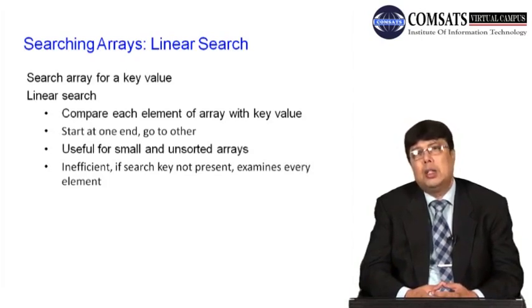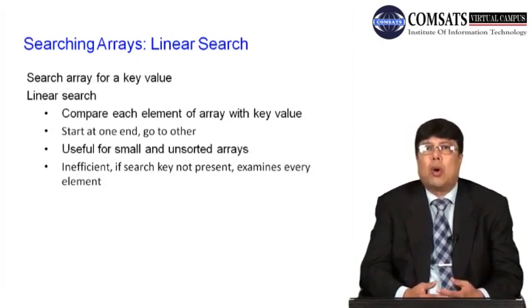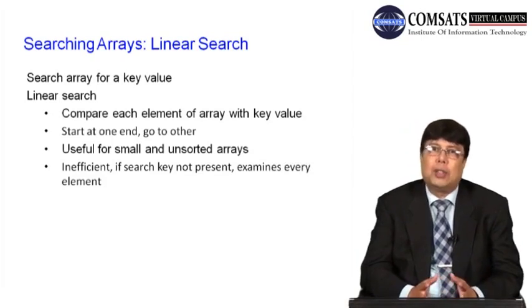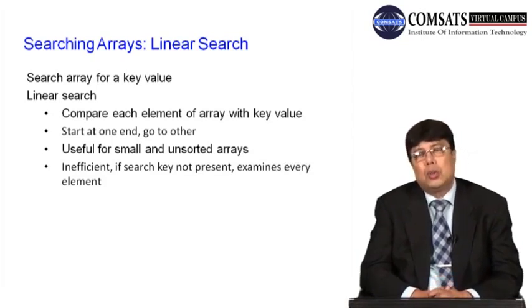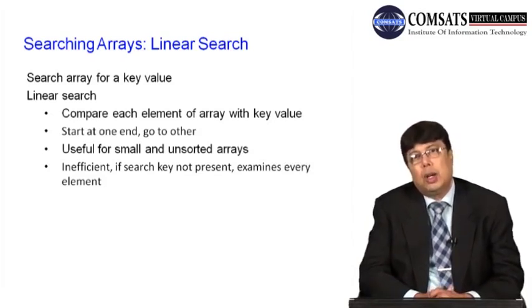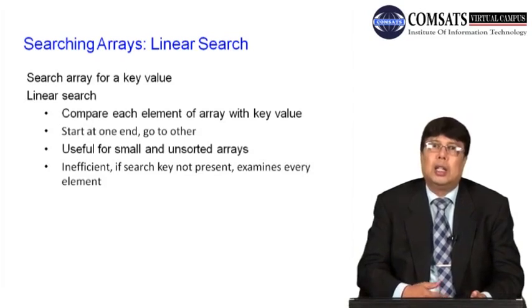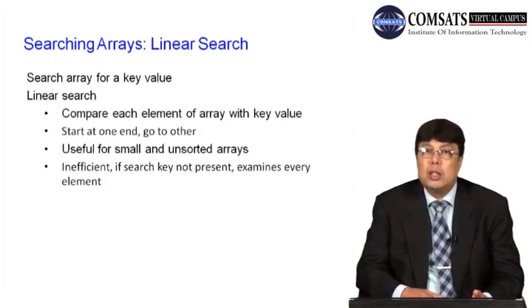If the key is present, you can expect to find it in the first half sometime or in the second half sometime. So on average, first plus last divided by 2, it is half the size of the array that you need to search. But if the key is not present, then what are you required to do? Obviously you are required to go through the complete size of the structure.